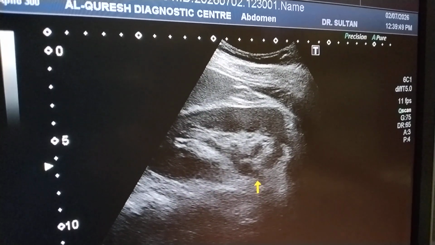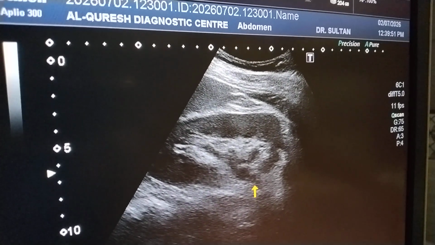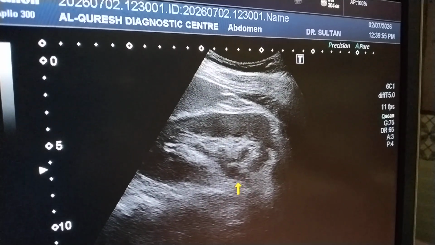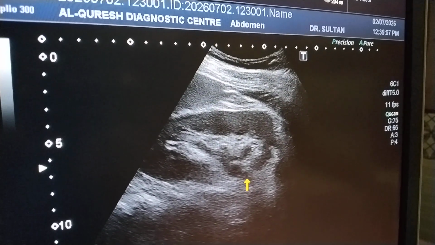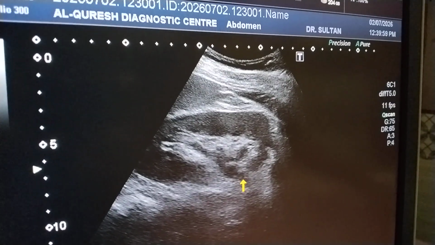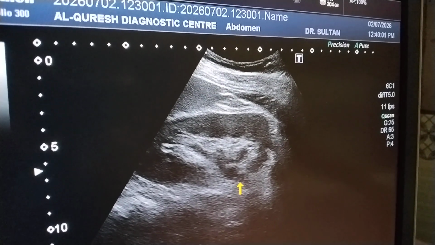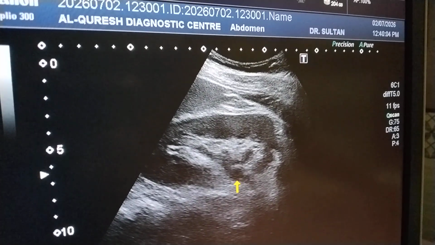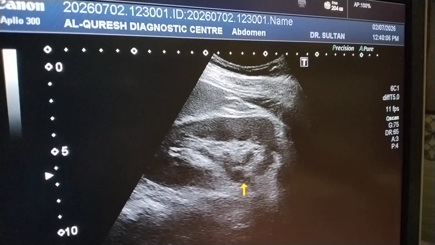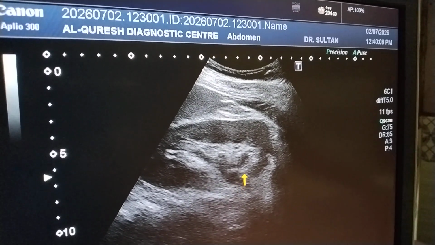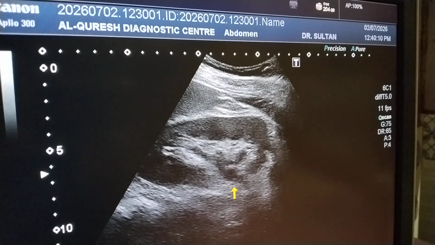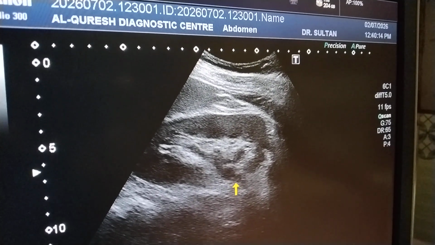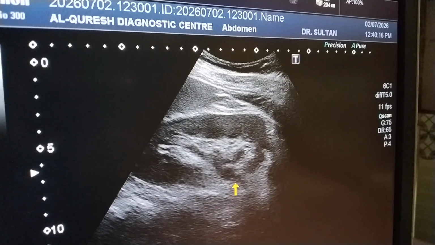We can say that it has four parts. Number one is the pelvic-ureteric junction, PUJ. When the renal pelvis ends and takes a slight turn, this is the portion where the PUJ is present. So we should locate the PUJ.